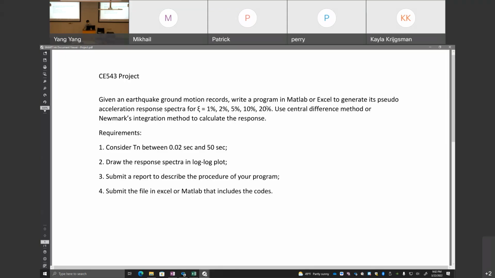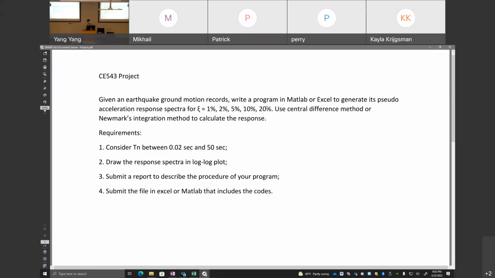For example, you can select a set of 100 numbers ranging from 0.02 seconds to 50 seconds. Based on that, you should be able to use the numerical method to produce the response of the system in terms of acceleration.